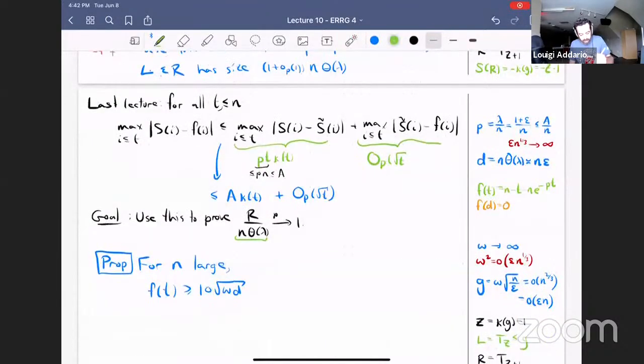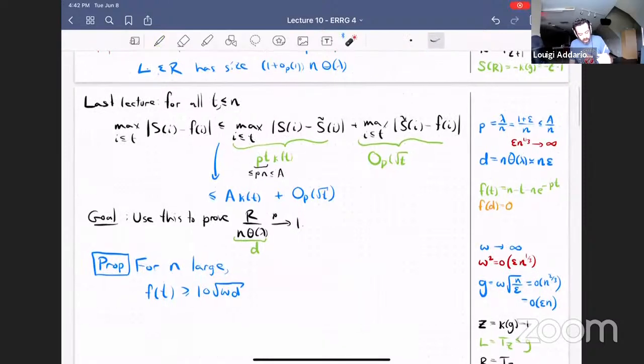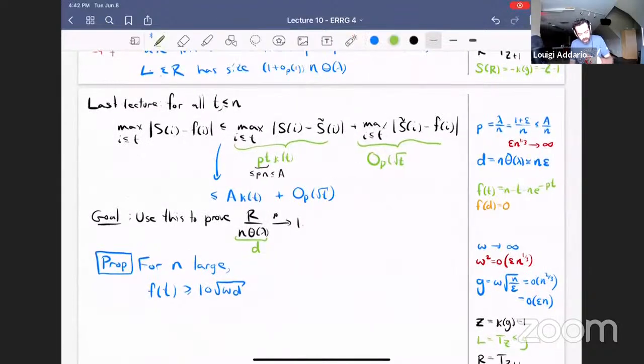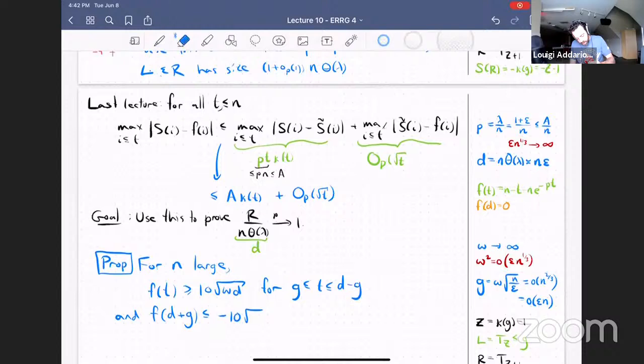So when n is large, f is much bigger than root d for t between g and d minus g. And on the other hand, by time d plus g, f has dropped to much smaller than minus root d. And remember, omega is some function of n which is tending to infinity.